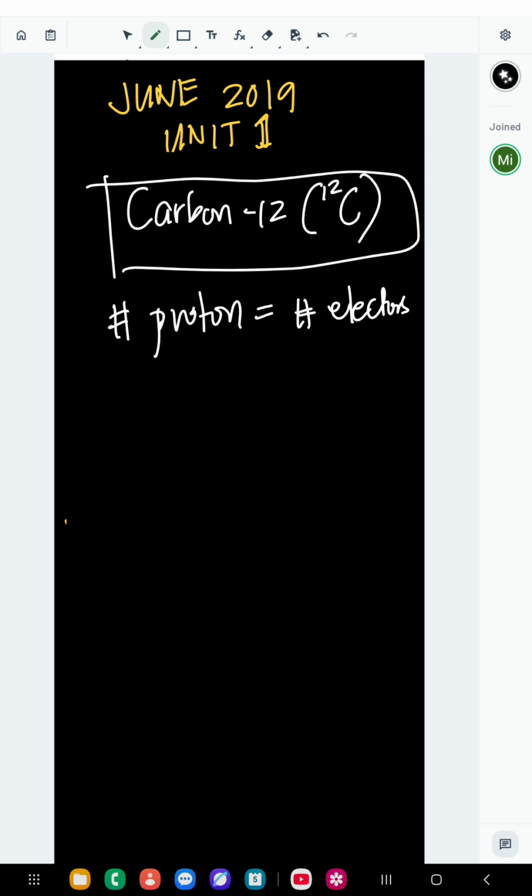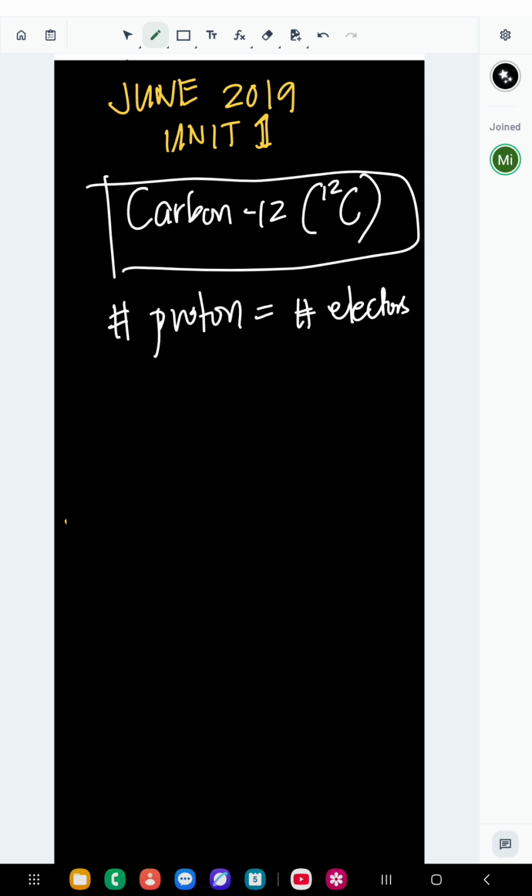This is also false because electrons have a relative mass that is not exactly 1, but 1 over 1,800 something. And for letter D, protons have a relative mass of 1 and no charge. This is also false because protons have a positive charge. So the answer here should be letter A.